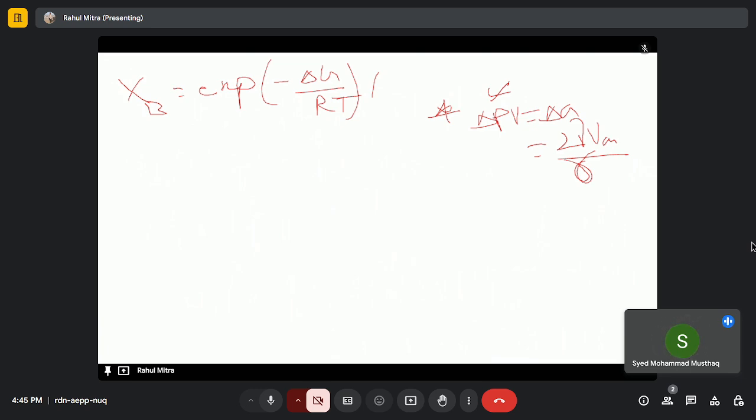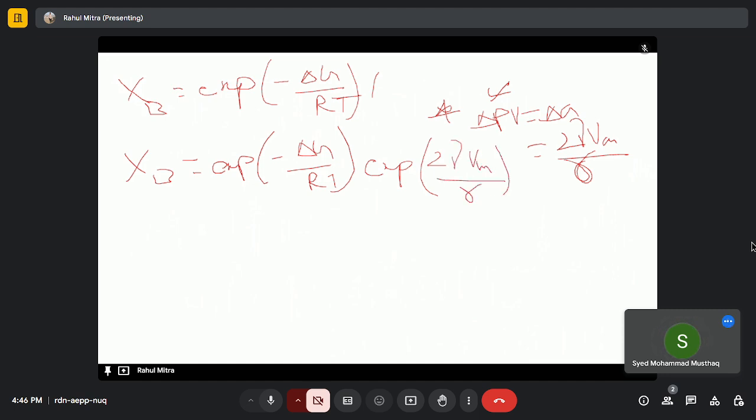Now, what happens to it? Does it decrease or increase? It increases the delta G, right? Why? Because the surface energy is a positive term. So xB equals exponential minus delta G by RT times exponential 2 gamma by R. And this is related to the bulk.